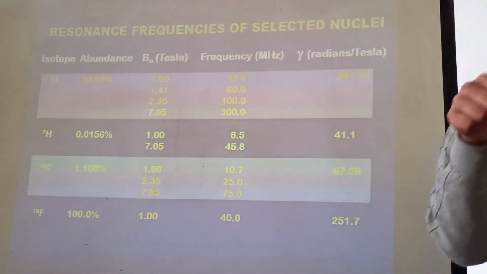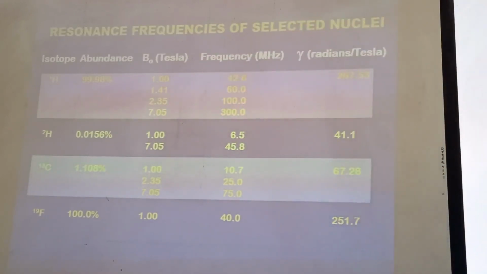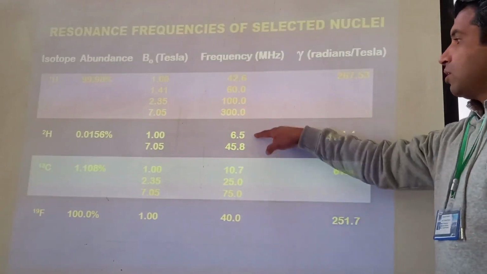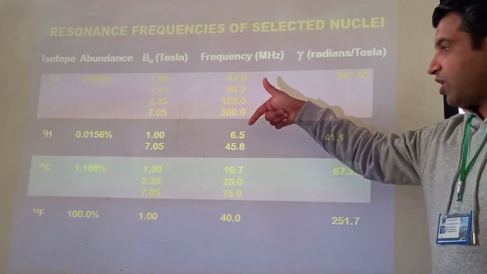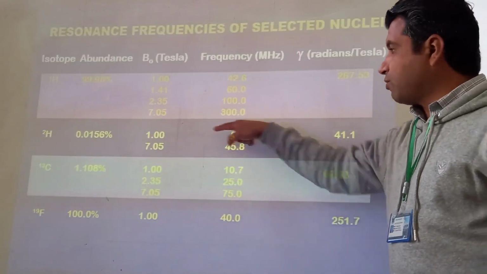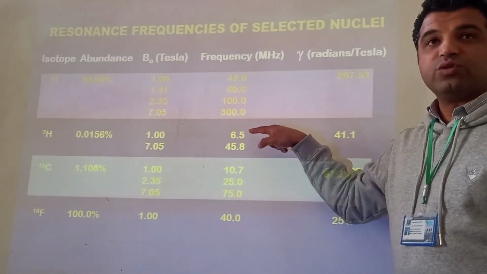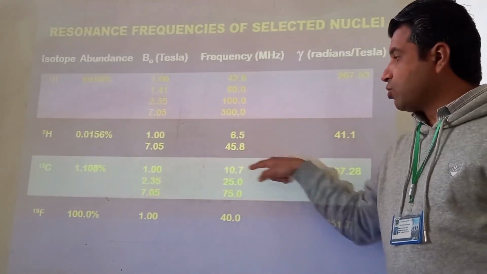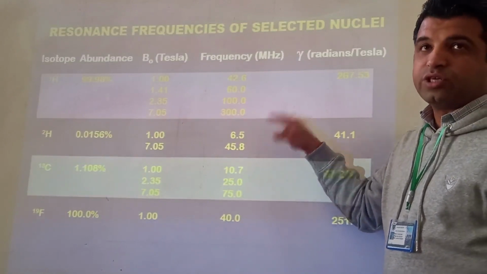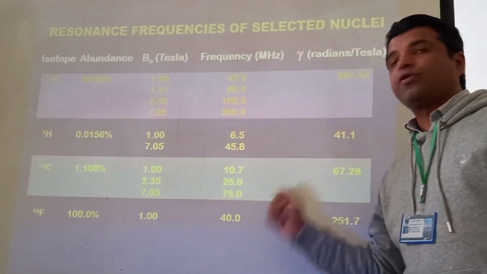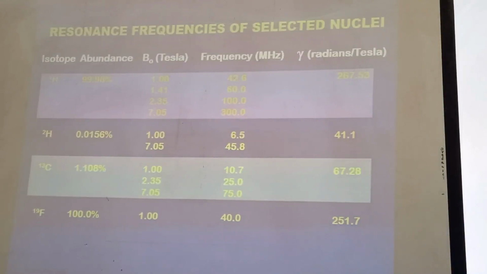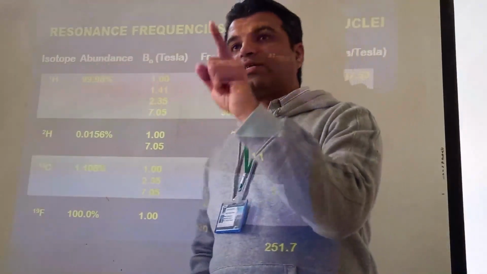And the same molecule under the same magnetic field strength in the same machine, if you want to see carbon, you have to tune it to 6.5. If you want to see deuterium, you have to tune it to 6.5. If you want to see carbon-13, you have to tune it to 10.7. If you want to see fluorine, you have to tune it to 40. वहां आप क्या चीज ट्यून करते हैं?